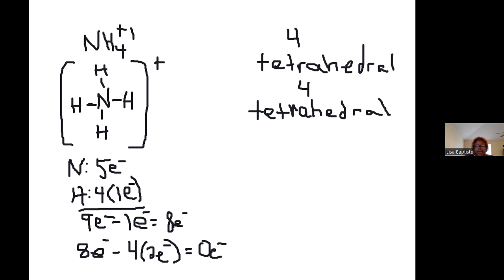And we have no resonance, so I'm going to put none for resonance. We don't have any double bonds that can be shifted around. And then for our polarity, this is nonpolar. And remember, it's because it's bonded to all the same element, and there are no lone pairs around the nitrogen.